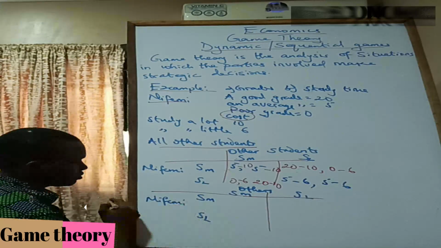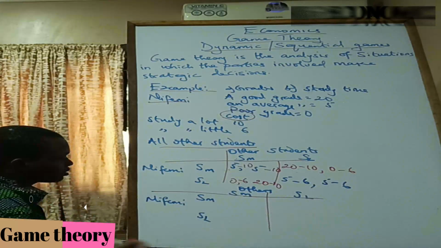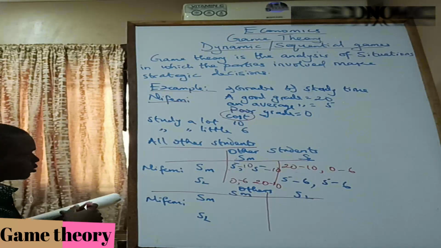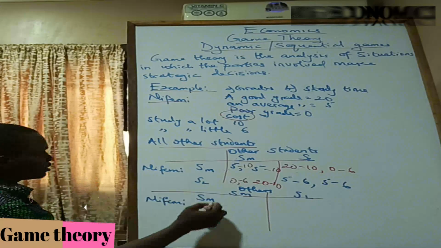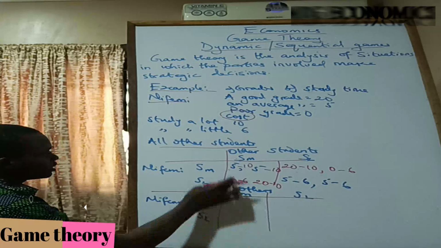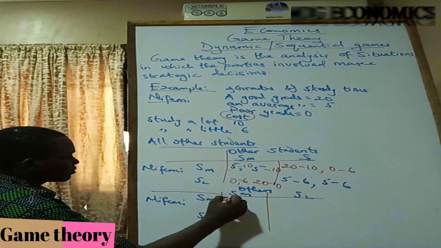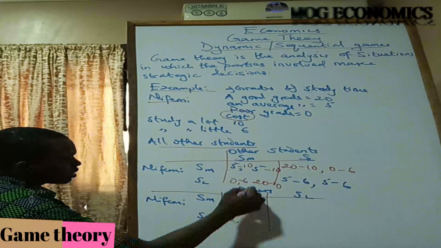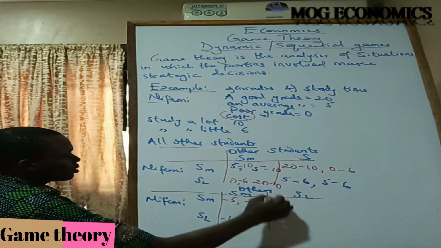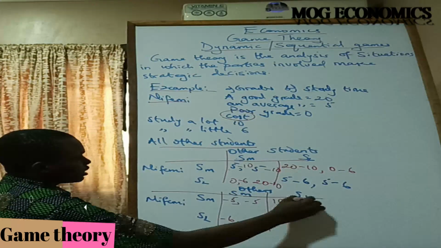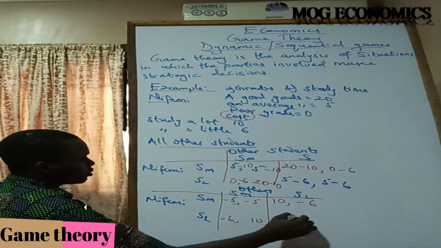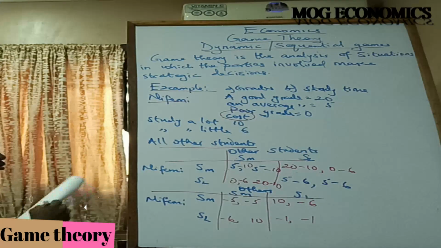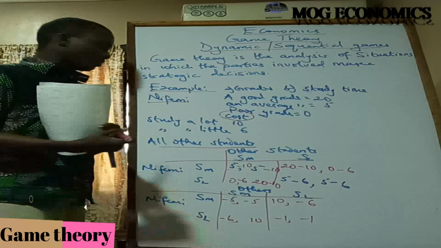Okay, so here I'm going to be having minus 5, comma minus 5. Here minus 6, comma 10. 10, comma minus 6, minus 1, comma minus 1. So yeah, this is the correct way of writing the matrix, the number form game.